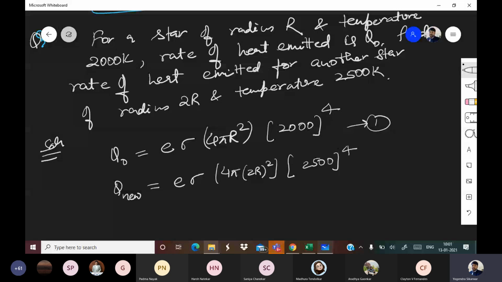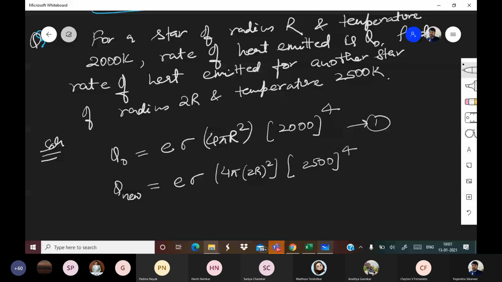Temperature here is given in Kelvin, so you don't need to worry about this. Now simply divide and get the answer.